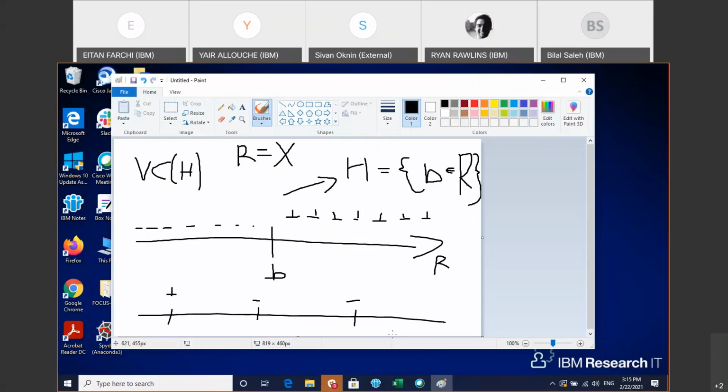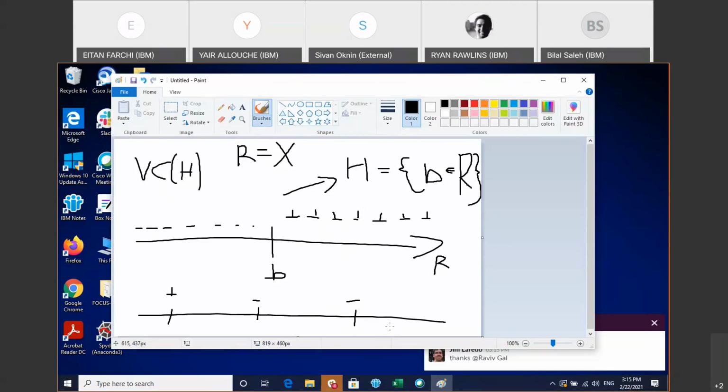Now, is there a hypothesis in H that will answer exactly plus on this point, minus on this point, and minus on this point? Yes, infinitely many such hypotheses. Give me an example of one. Between the plus and the minus.